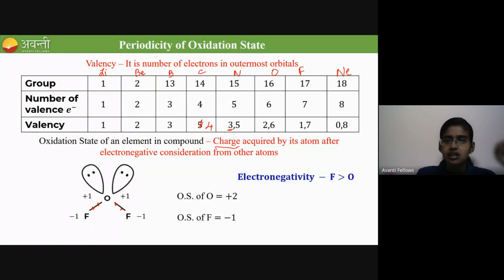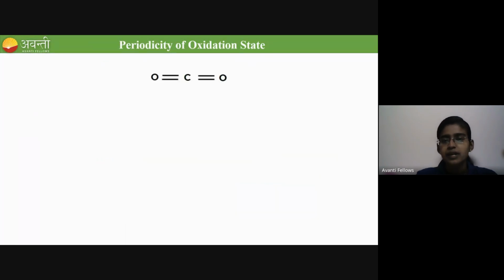Got it? Now let us discuss some more. Carbon dioxide. Here also we have two different types of atoms, oxygen and carbon. Who is more electronegative, oxygen or carbon? Obviously oxygen, right? Oxygen has two bonds, so it will gain 2 electrons from carbon and take a -2 charge, and carbon will lose 2 electrons and gain a +2 charge.